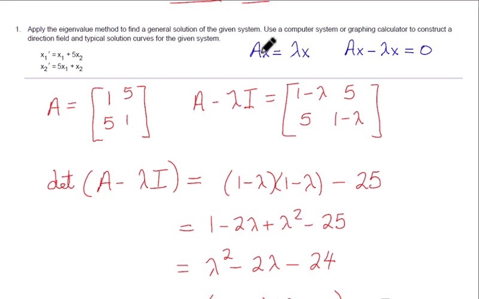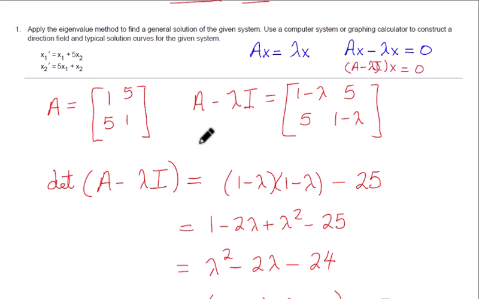Now, if Ax equals lambda x, and I bring this to the left, I get Ax minus lambda x, which is really A minus lambda I multiplied by x equals 0.